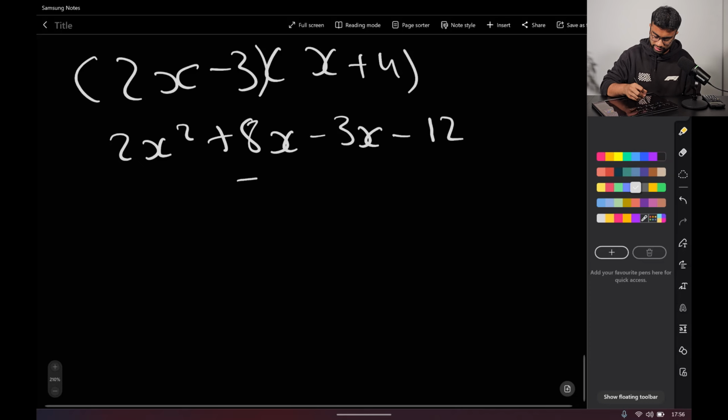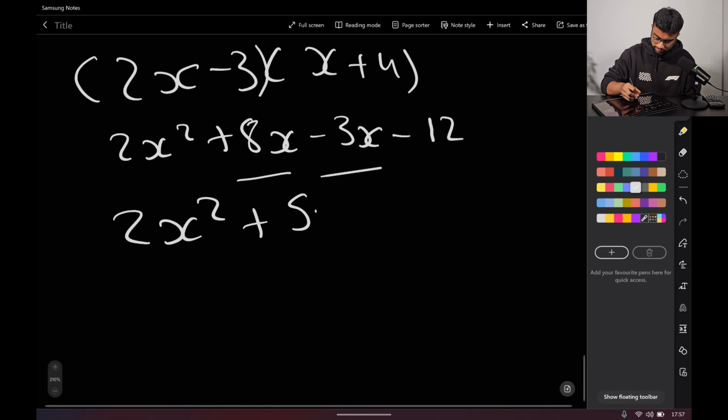We can see that 8x and minus 3x are like terms, so we can just subtract 3 from 8 to give us 2x squared plus 5x minus 12 as the fully expanded and simplified term of this equation.